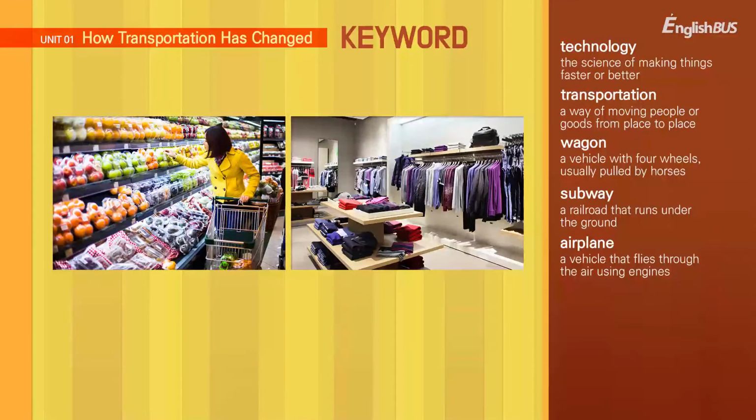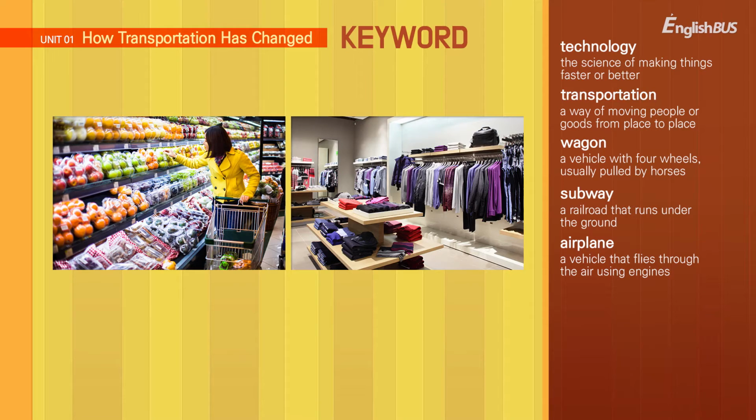What do you see in these two pictures? On the left, this woman is in a supermarket. She is buying fruit. On the right, these are clothes in a store. What do both of these pictures have in common? They both show things that can be bought or sold.